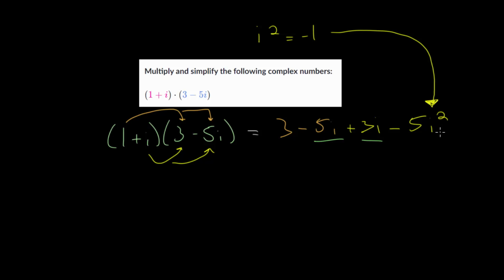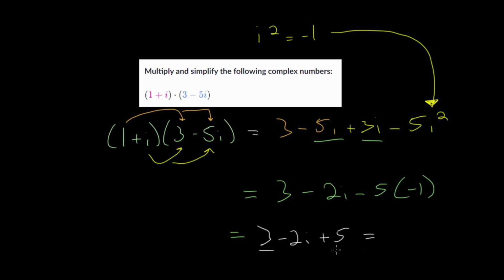But if you do have i squared, you can always replace that with negative 1. So we have 3, and then minus 5i plus 3i, that's just minus 2i. We're just combining like terms. And then we have minus 5 times i squared, and we know i squared is negative 1. And lastly, rewriting this, we have 3 minus 2i, and then minus 5 times negative 1, that's just positive 5.